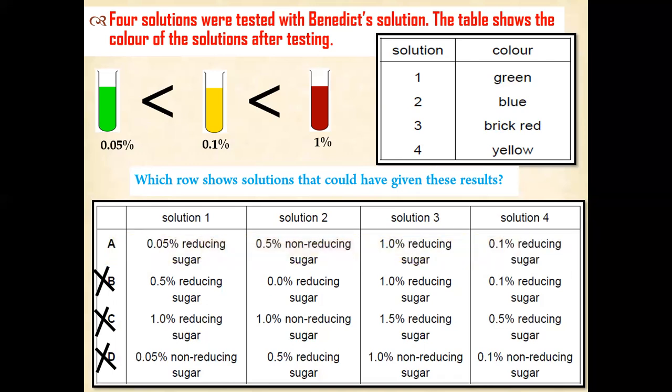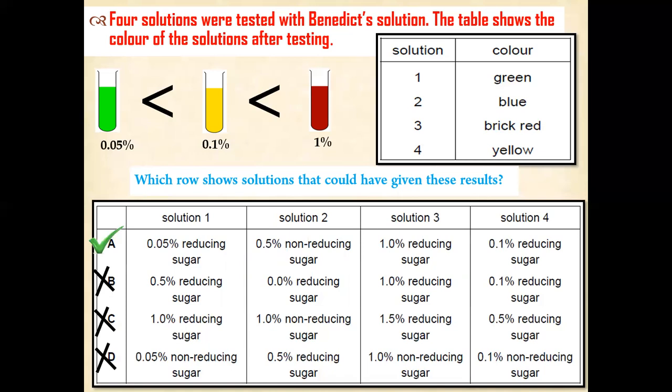In this option, the solution number 1 is 0.05% and solution number 3 is 1% reducing sugar, and the solution number 4 is coming in between the solution number 1 and solution number 3 concentration. So that's why this answer is correct according to our concept.